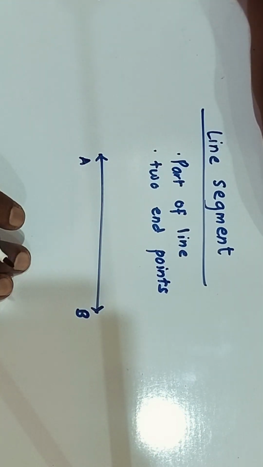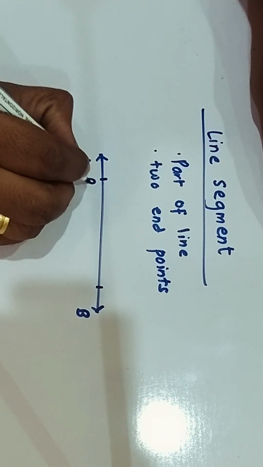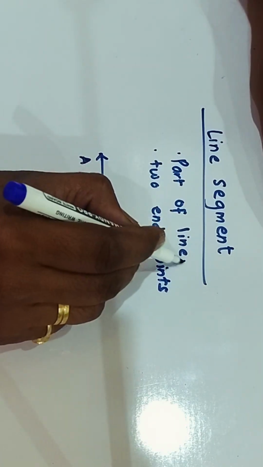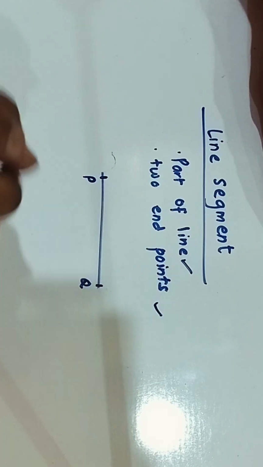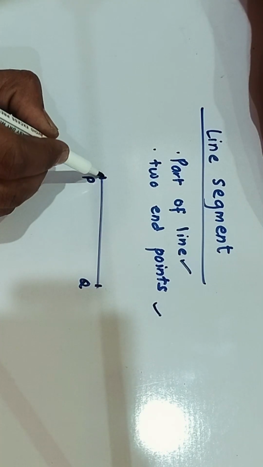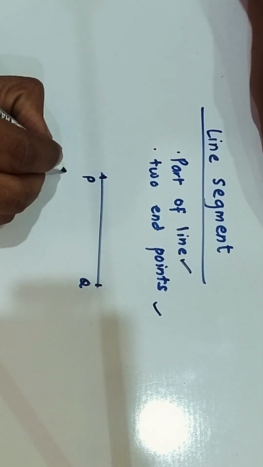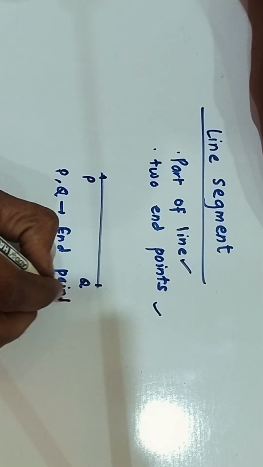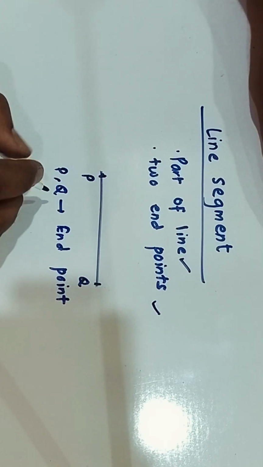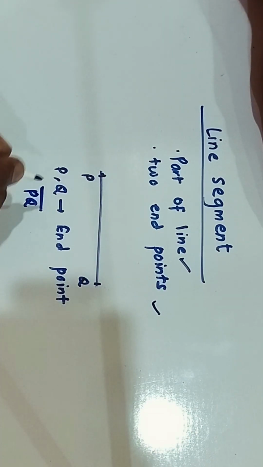It can get extended in both the directions, but if we mark 2 points over here, that is P and Q, it is the part of the line and it has 2 endpoints like this, P and Q. If I erase the remaining 2 heads, this is the endpoint at P, this is another endpoint at Q. So P and Q are endpoints, and hence this is called line segment PQ, and this is denoted by a simple bar over the symbolic representation.